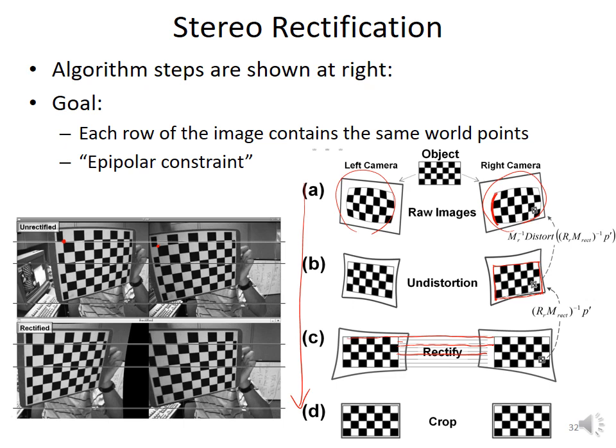After rectification, this point and this point are at the same height. That is the result of rectification. After we rectify the stereo images, we can easily find the corresponding points and calculate the disparity. Then we can get depth information.